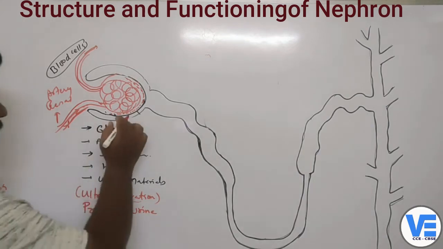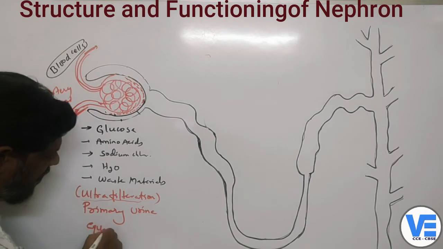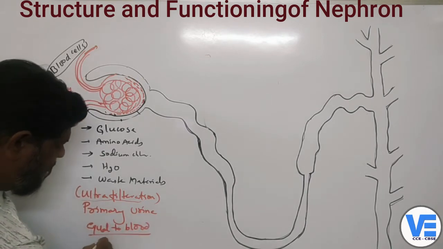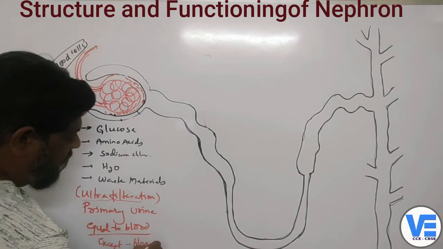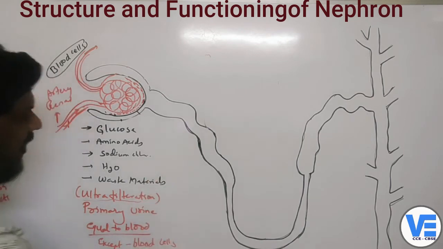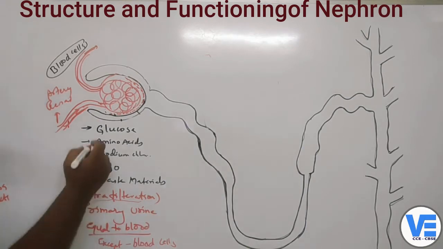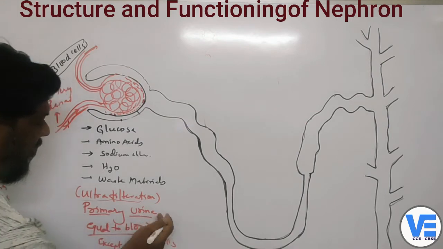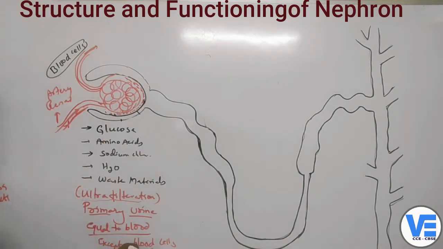Whatever primary urine comes out is very much equal to blood except blood cells. So what is this process called? Ultrafiltration. And what has come into the Bowman's capsule? That is primary urine. Primary urine is equal to blood except the blood cells.